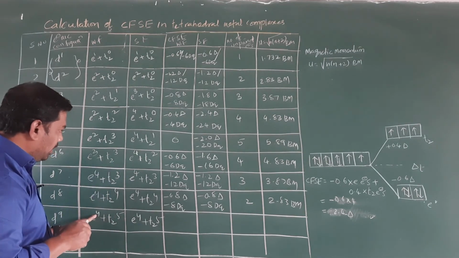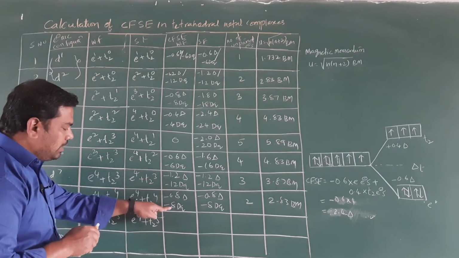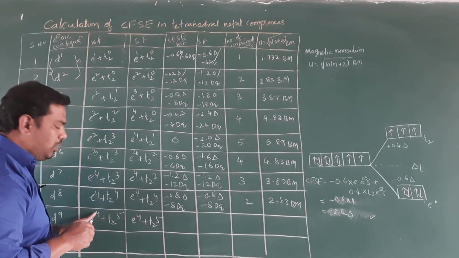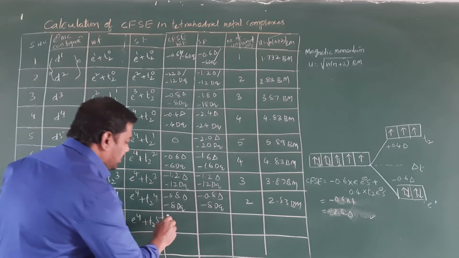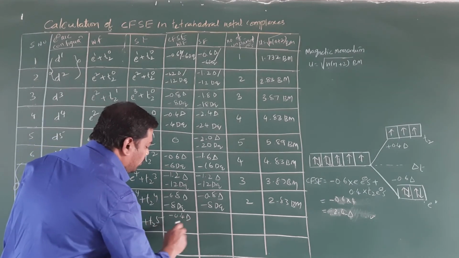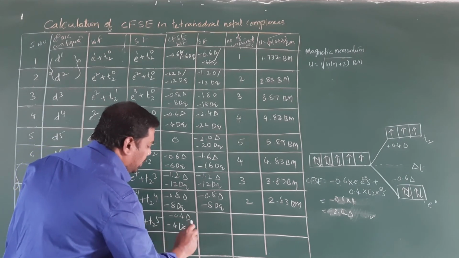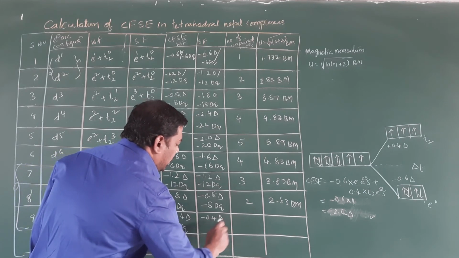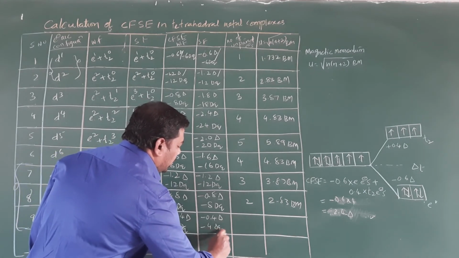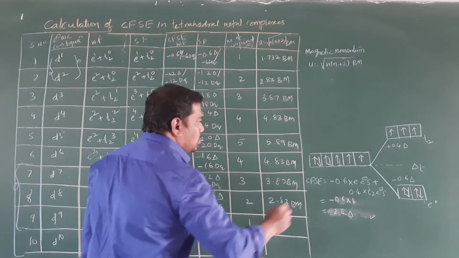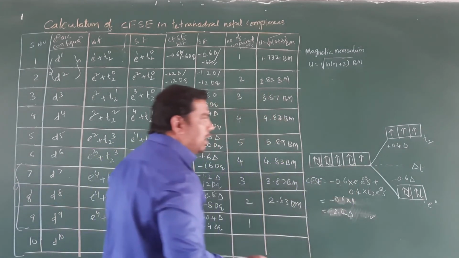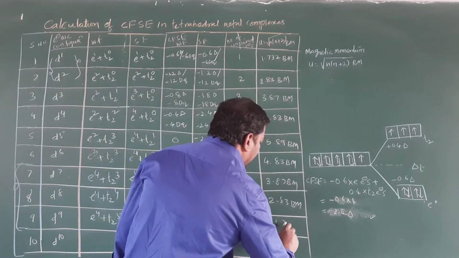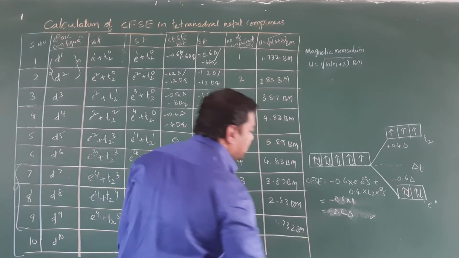You can see minus 12, minus 8, here it will decrease: minus 2.4 plus 2.0, that is equal to minus 0.4 Δ or minus 4 Dq. The number of unpaired electrons is only 1, so therefore the magnetic moment is 1.732 Bohr magneton.